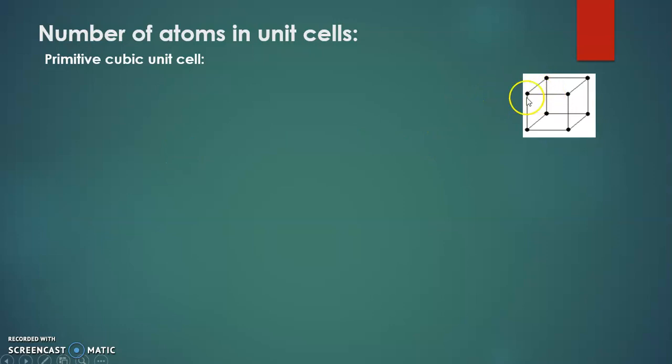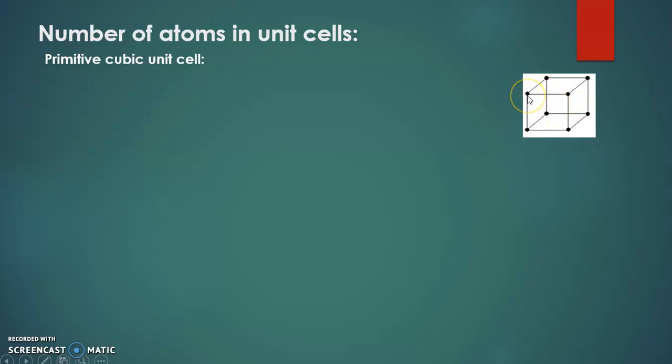Now, each of the corner particle is shared amongst 8 neighboring cubic unit cells. So, it contributes 1/8 of its part to each of the cubic unit cell.